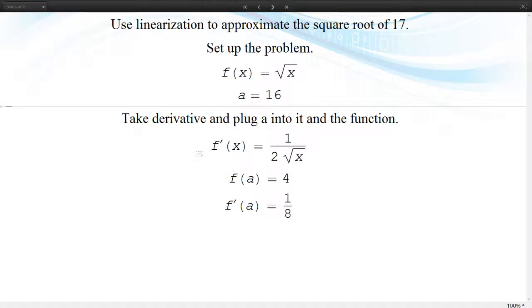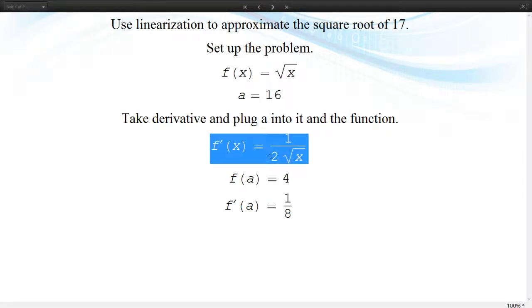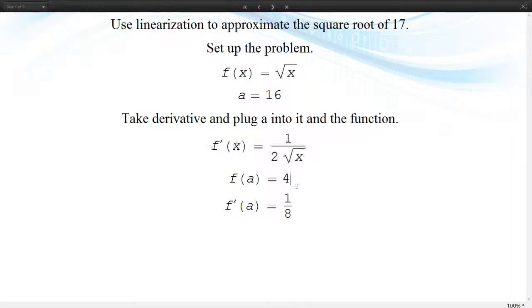So we need to take a derivative, and we need to plug a into the derivative and into the function. So the derivative is here, 1 over 2 times the square root of x. And f of a is 4, so f of 16 is 4. And f prime of a is 1 over 2 times 4, which is 1 over 8.